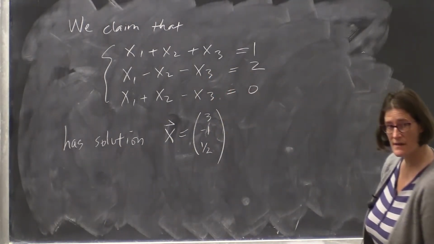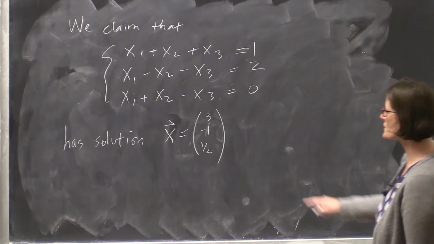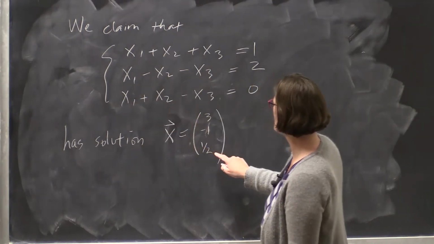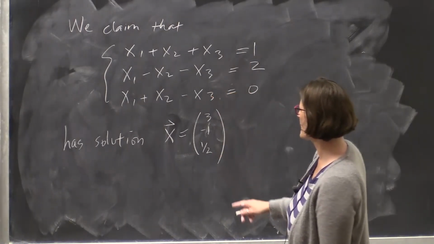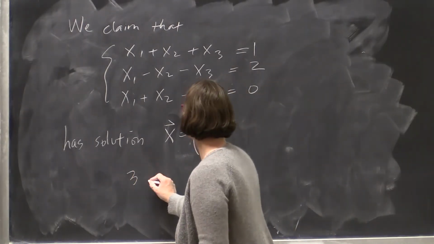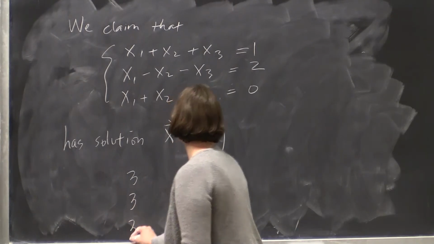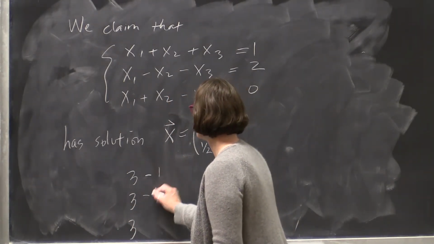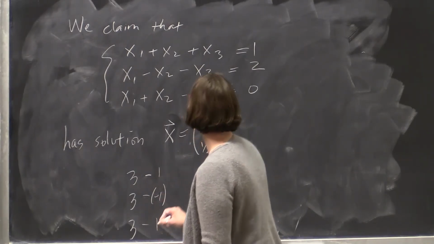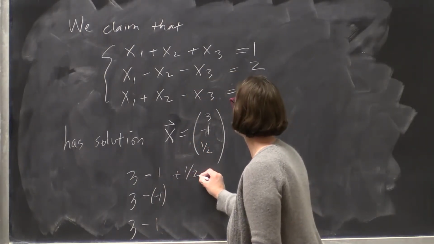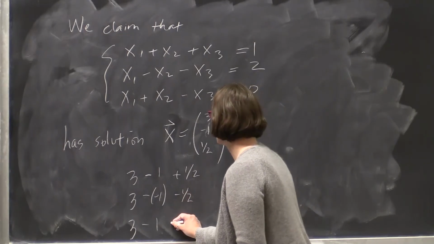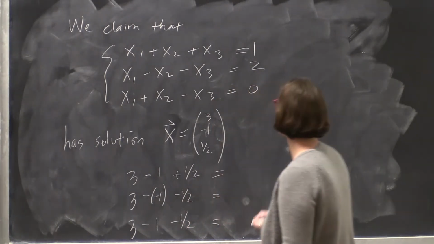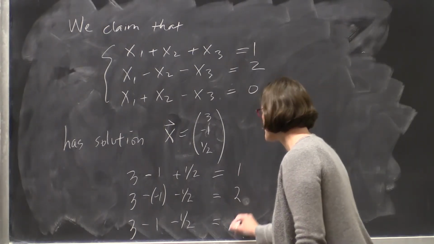So the way we would check this claim is we would just plug this in for x1, plug this in for x2, plug this in for x3. And we want to know whether that equals 1, 2, 0.